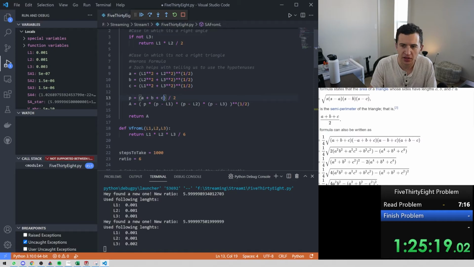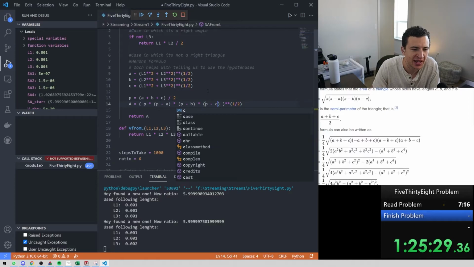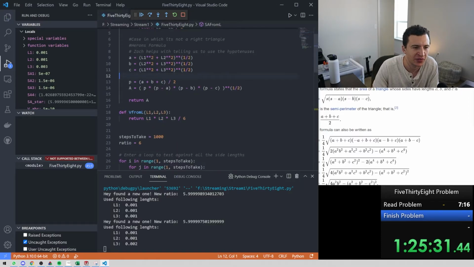Mad triangles. Is this triangles or what? Yeah, we're in triangle world. I really do hope that the answer to this portion is the actual. Well, we're gonna have to try the other configurations. L1, L2, L2, L3. Okay.